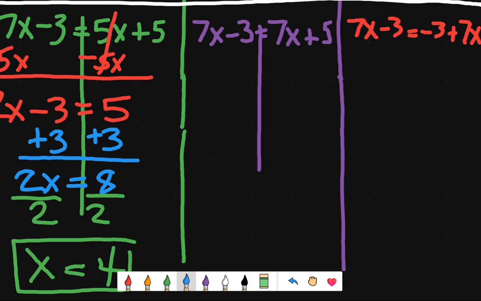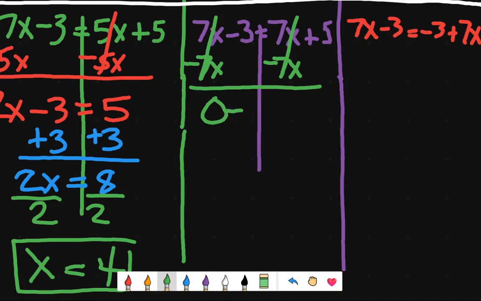So now, let's take 7x and subtract it from both sides. Well, guess what happens? When we subtract 7x from 7x, we're left with 0. So what we have is 0 minus 3 is equal to 5. We can add 3 to both sides.